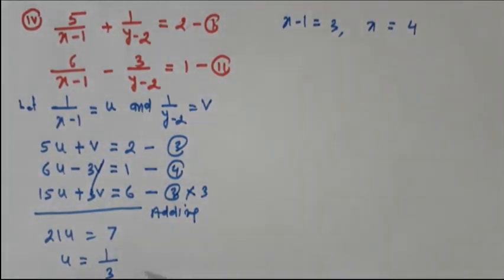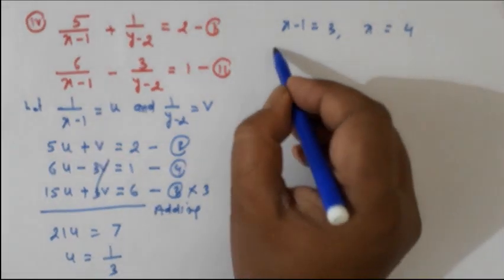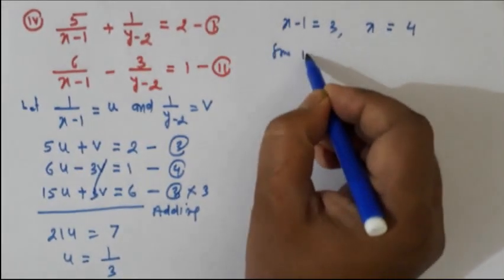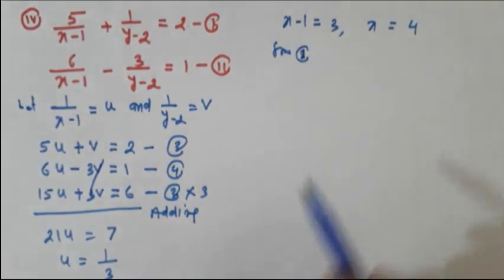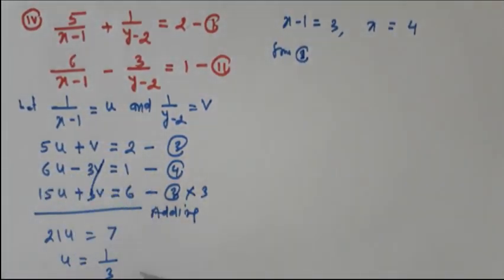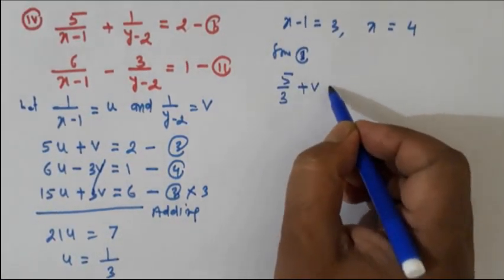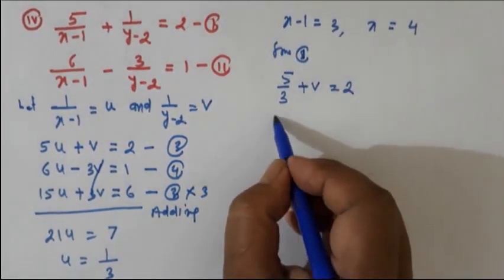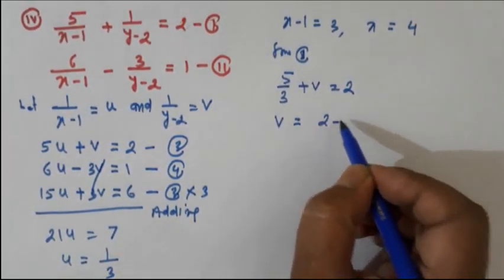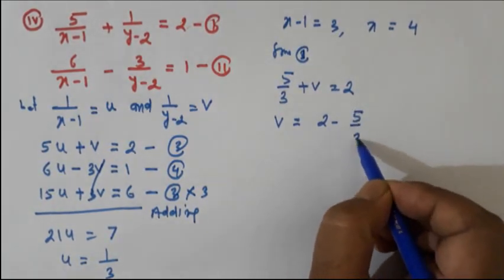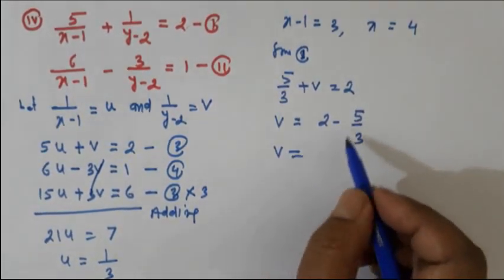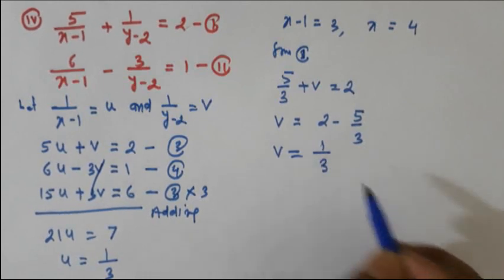Now put this value of u in the first or any equation. From equation number 3, 5u plus v, with u equal to 1 upon 3. So that will be 5 into 1 upon 3, 5 upon 3 plus v is equal to 2. Now simplify, v is equal to 2 minus 5 upon 3, then v is equal to 6 minus 5, that is 1 upon 3.